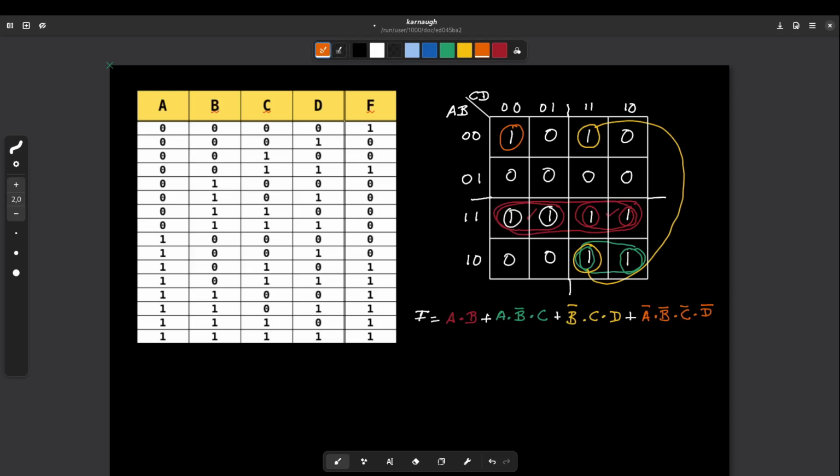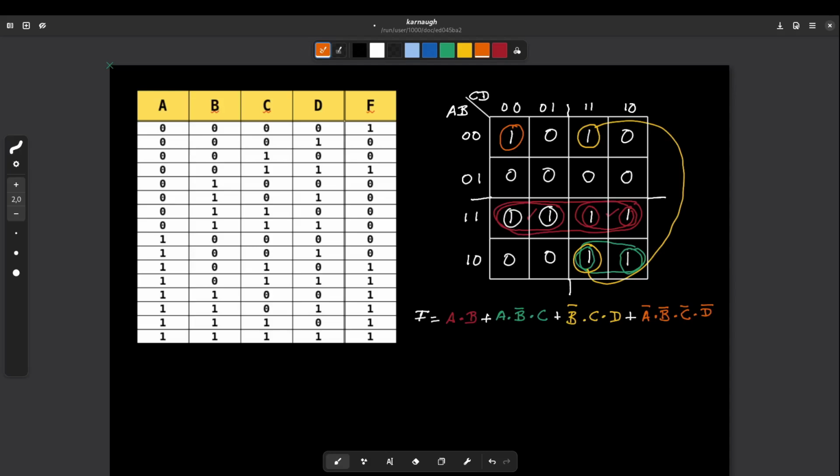This will be the simplified logical function taken from this table and simplified by means of the Karnaugh's map on the right, and by taking into account the sum of products. In the following case, we are going to minimize the same logical function by taking into account the product of sums.